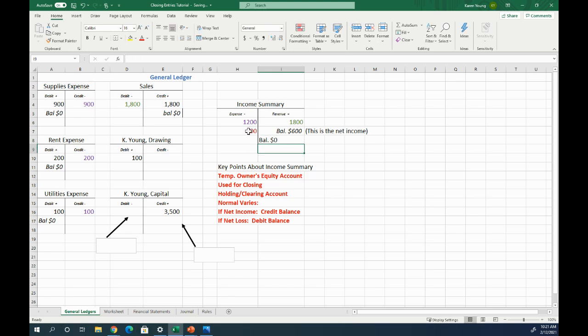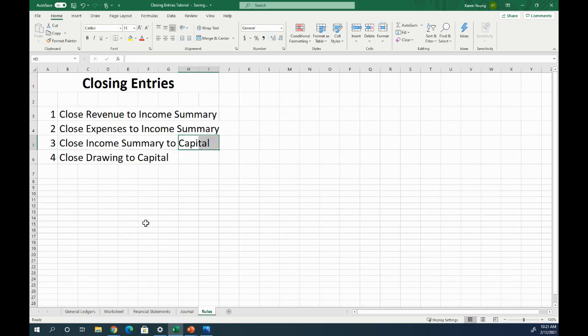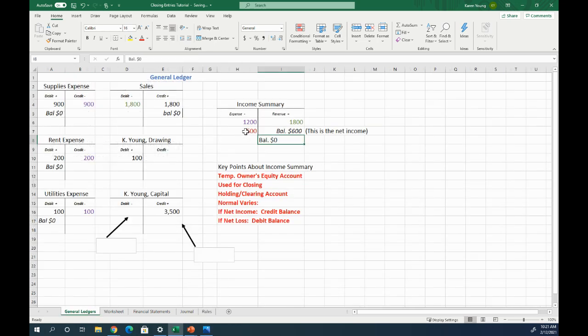So I just debited income summary. The balance is 0. If I make a debit, I must make a credit. Where do I close it to? Capital. So I'm going to debit income summary and I'm going to credit capital for $600. This is us giving me my net income.